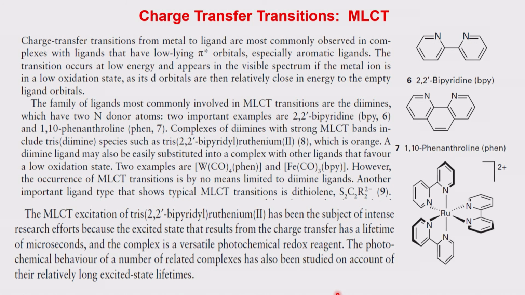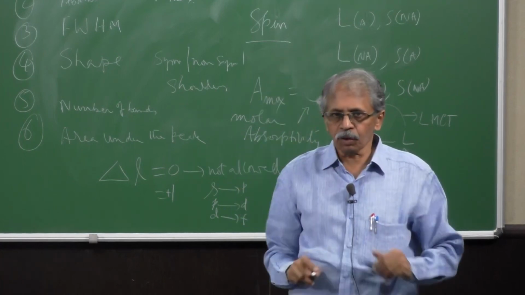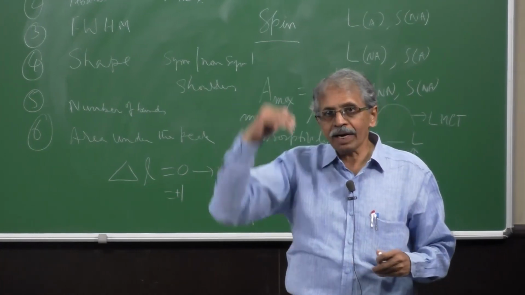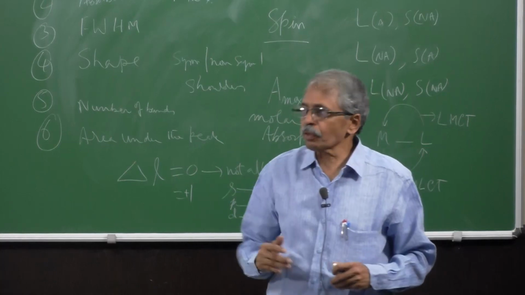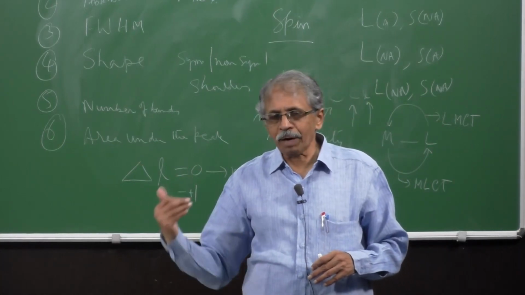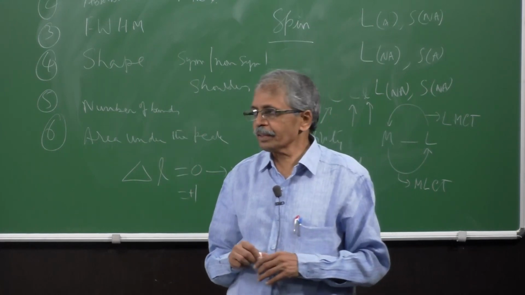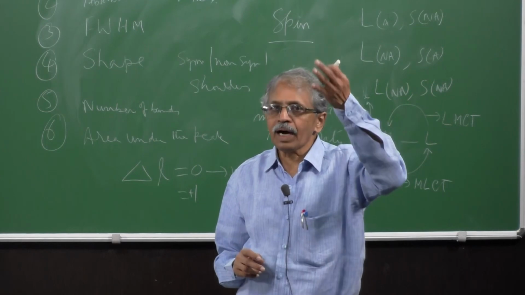The other aspect is the metal to ligand charge transfer. Again the same principle: metal to ligand charge transfer means the metal should have an unpaired electron sitting in a high energy orbital, and the ligand should have a low lying empty orbital. Most often these are pi orbitals, so there could be pi star orbitals on the ligand side, at lower energy, and the metal orbitals are at higher energy.